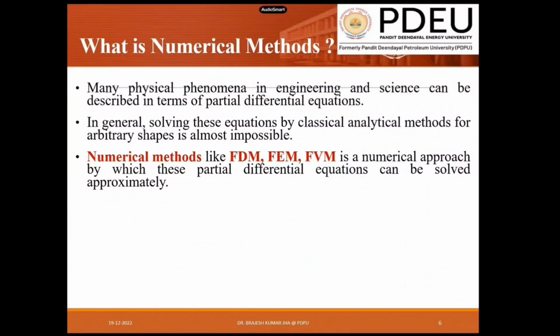But the thing is, once we solve, it is an approximate solution in nature that we get. If we are not able to find a solution, definitely we require a numerical method to get the solution. At least we can get the solution. Second thing, even if an analytic solution is available, we also go for the numerical method.